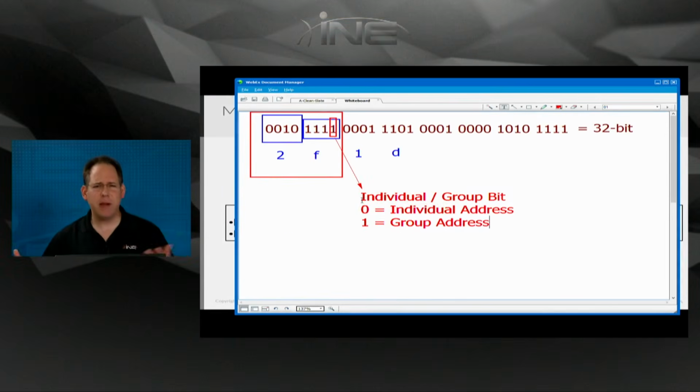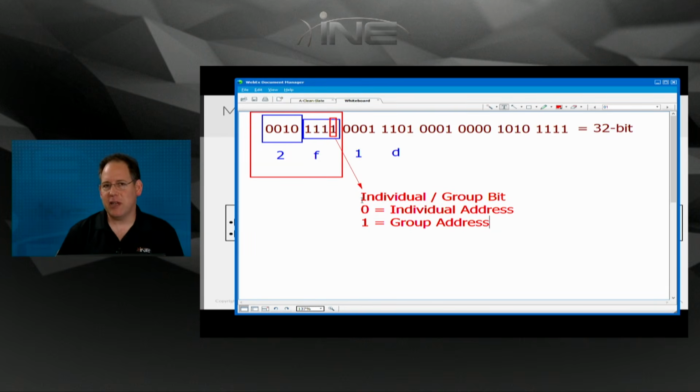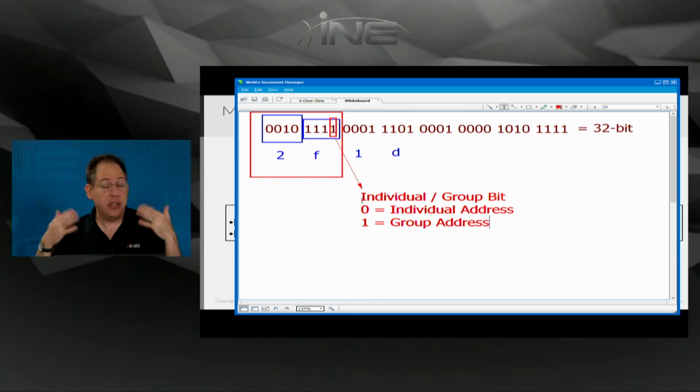You might be wondering, what do you mean by a group address? Well, think of the concept of a broadcast. What is a broadcast? A broadcast is I put one data unit on the wire and it's meant for everybody to see. Well, if I'm going to put that data unit into an Ethernet frame, the destination MAC address of that frame has to indicate this is not for anybody in particular, this is for everybody. Well, the broadcast MAC address looks like this.